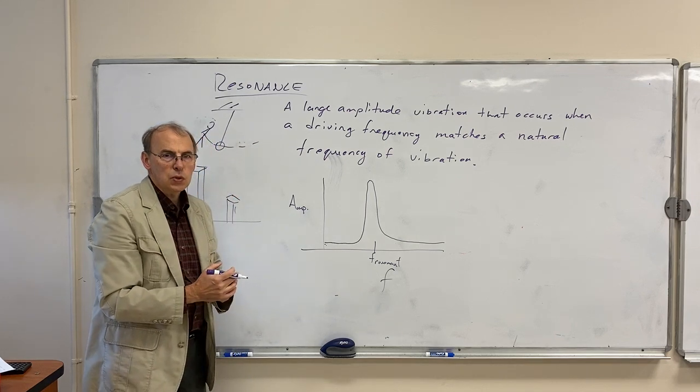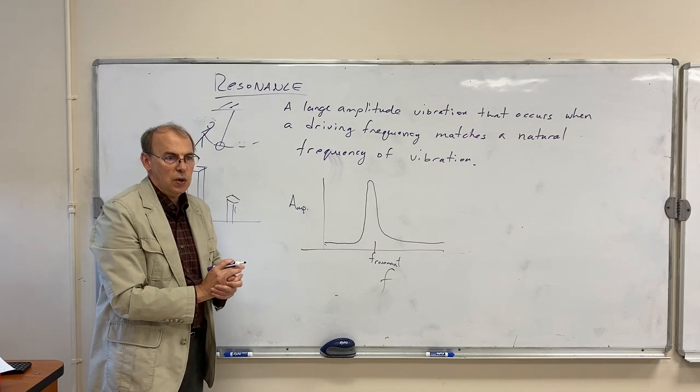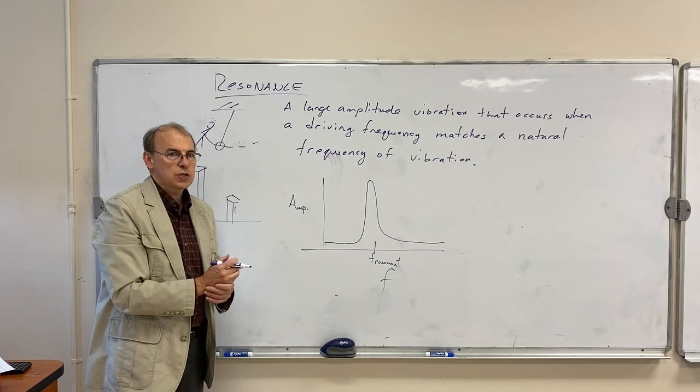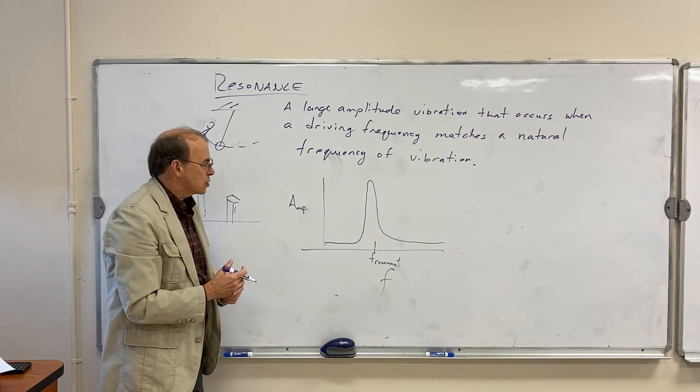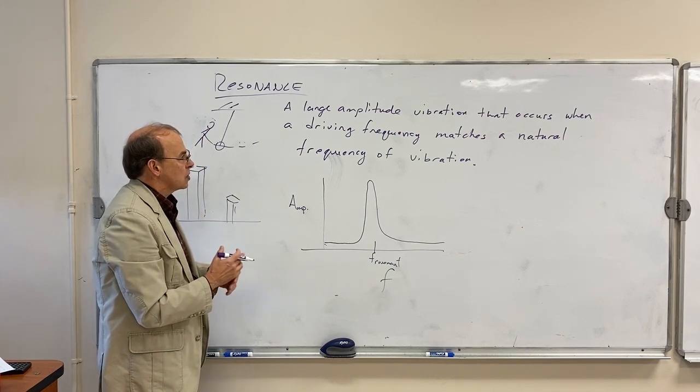This happens in musical instruments. We'll see that soon as well. So it's at the resonant frequencies of the musical instruments that you get the notes that you hear in those musical instruments. So this is again termed resonance.